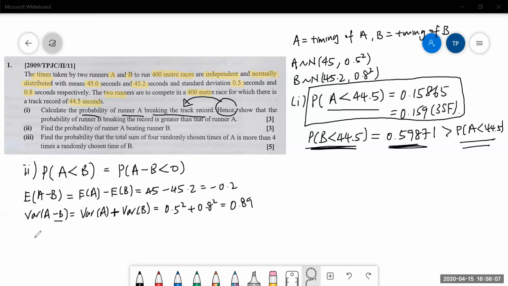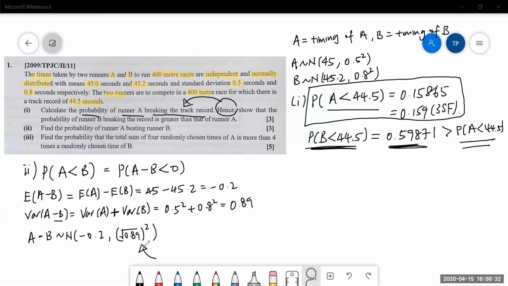Okay, so from here, we are going to define a new random variable, which is A minus B. A minus B follows normal distribution with mean -0.2, comma, square root of 0.89 squared. Why did I do this?